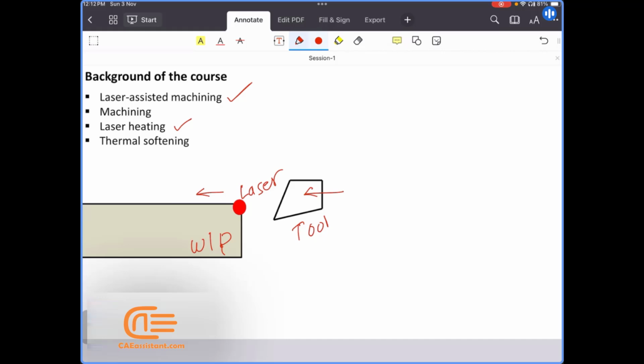So most of the metals or most of the materials, I can generalize it, except a few polymers. Generally, when we heat up, the material gets softened. And exactly that will happen here. Laser is a concentrated heat source. So locally, a high amount of heat will be generated, and due to conduction and convection, it will slightly spread out.